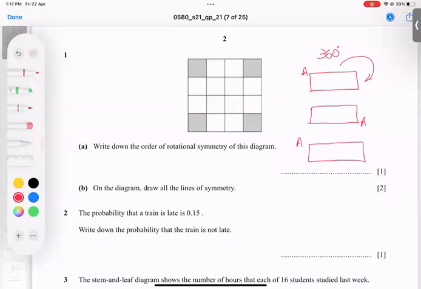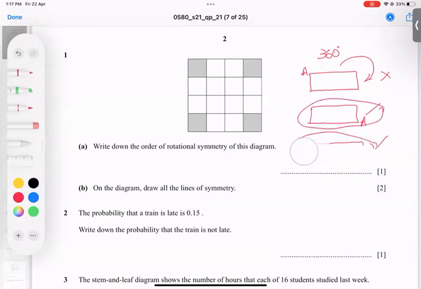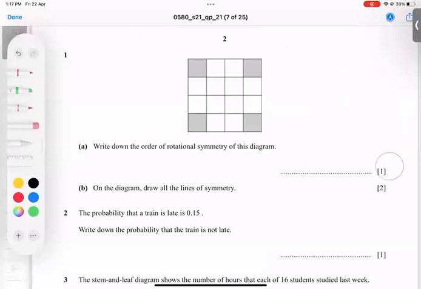So how many times does it look the same in a 360 rotation? A starts from there and comes back to the same position. So 2 times it looks the same. This thing and this thing. This thing will not count. So if I rotate, this is one diagram, again rotate, second diagram. So it means it has 2 rotational symmetries.